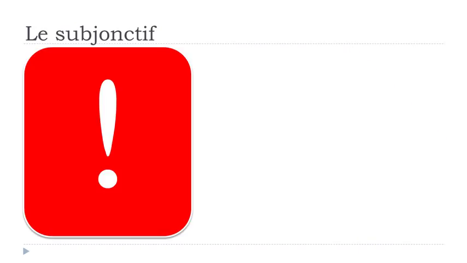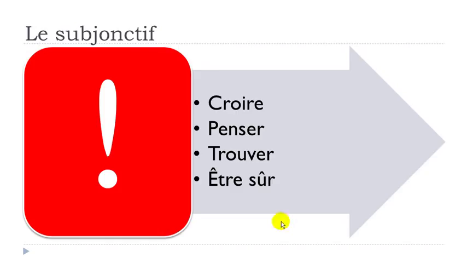Be careful. The following verbs, croire, to believe, penser, to think, trouver, to find, especially when you express your opinion, I find that. Être sûr, okay, so these verbs are normally followed by the indicative form.